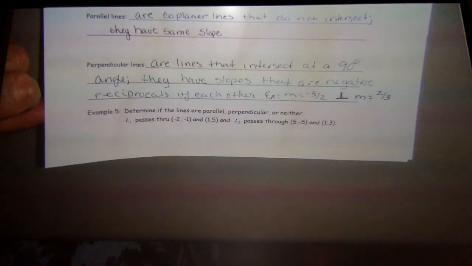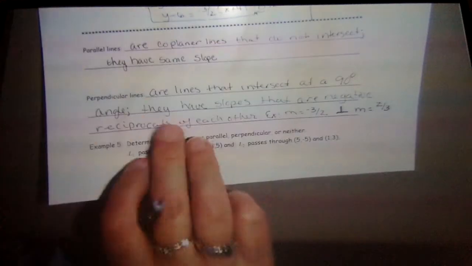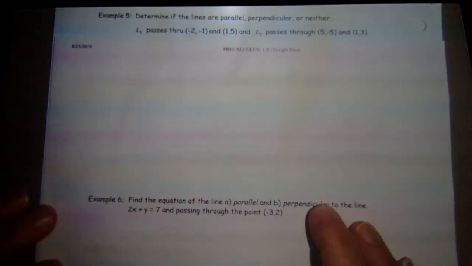Anyone not done? I'm going to flip it over. And example 5 says determine if the lines are parallel, perpendicular, or neither. So line 1 passes through -2, -1, and 1, 5.